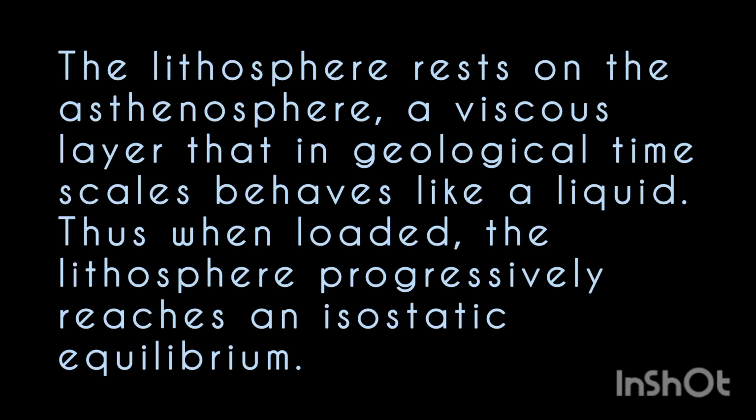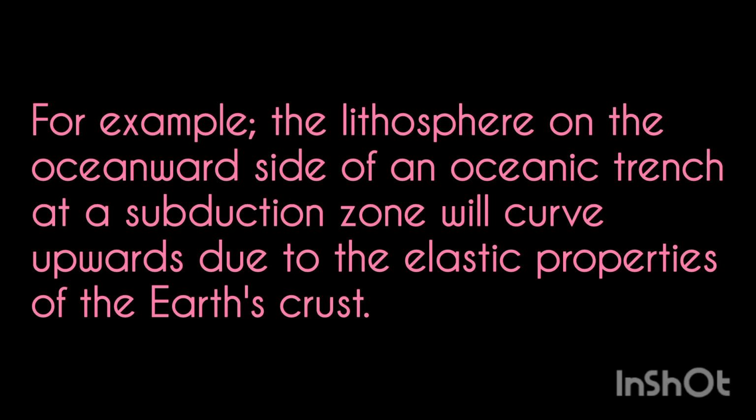Thus, when loaded, the lithosphere progressively reaches an isostatic equilibrium. For example, the lithosphere on the oceanward side of an oceanic trench at a subduction zone will curve upwards due to the elastic properties of the Earth's crust.